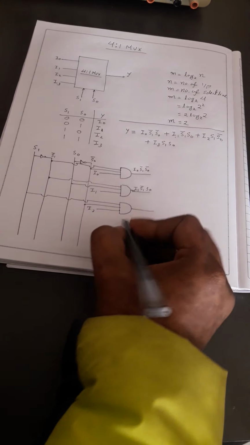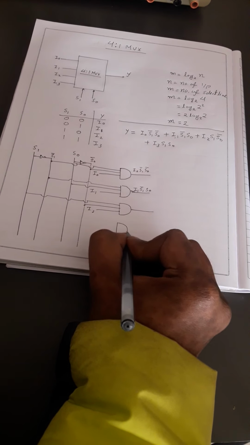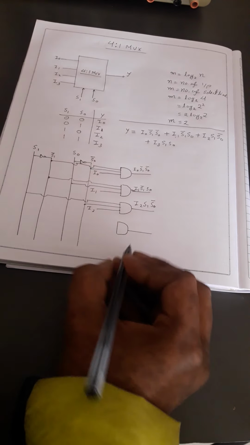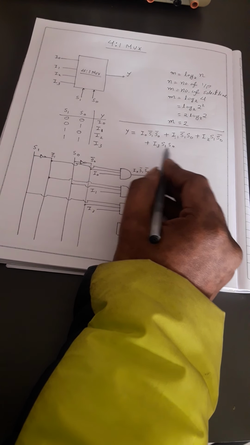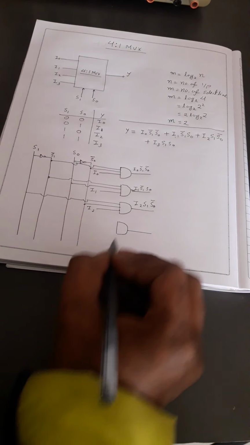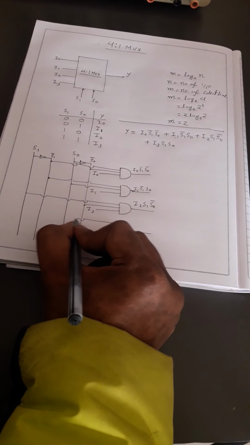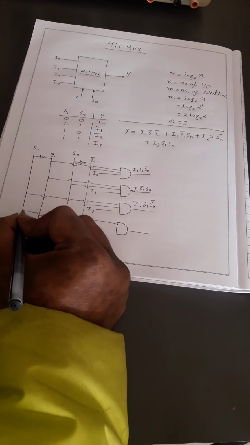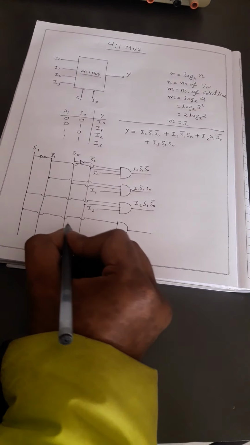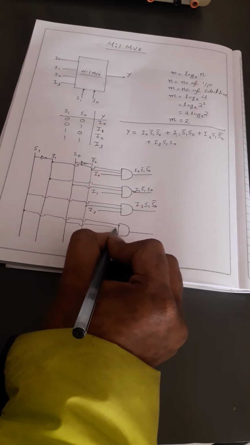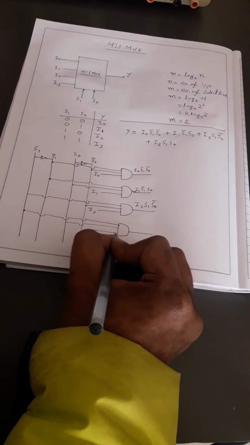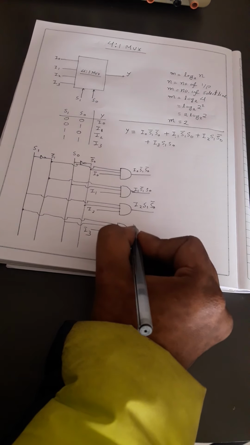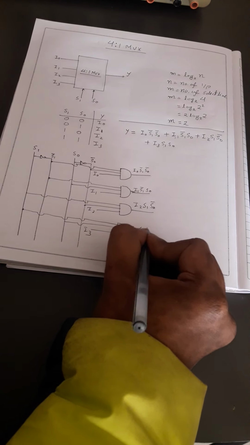Here we will get I2 S1 S0 bar. Lastly we have S1 and S0. Directly we will take S1 from here, and S0 from here, and I3. Now here we will get I3 S1 S0.